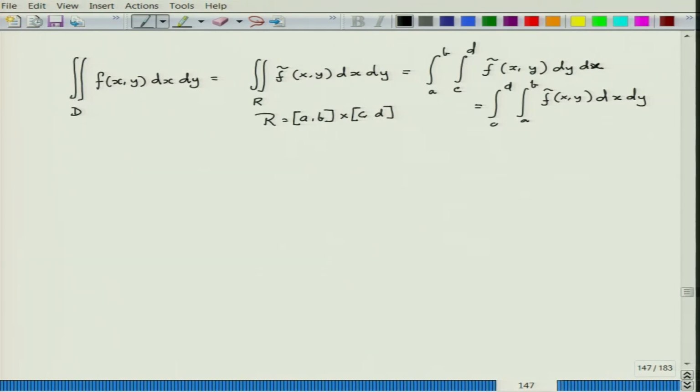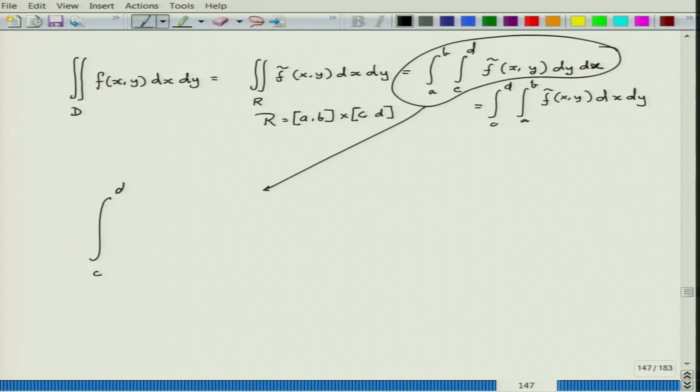Now, let me try to compute such an iterated integral. If I have to compute this, I have to compute the integral from C to D of f tilde (x,y) dy. Observe that now it has just become a function of y because I fixed my x.